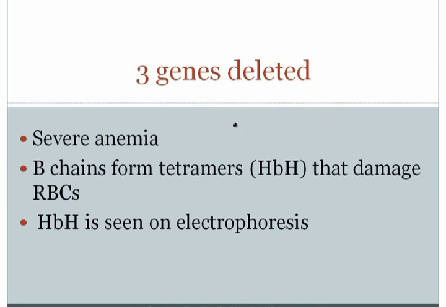When the fetus is born and the patient begins to produce hemoglobin A and hemoglobin A2, that's going to increase the risk of forming tetramers of beta chains. To understand that, you have to know that normally the alpha becomes a dimer, and then the beta becomes a dimer, and so alpha 2 and beta 2 join together, and then that forms hemoglobin.